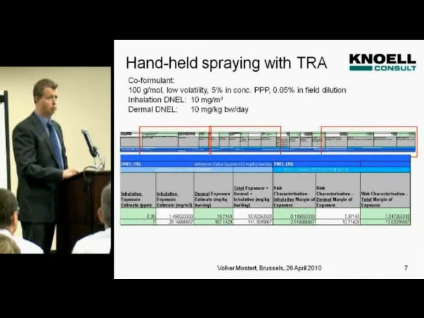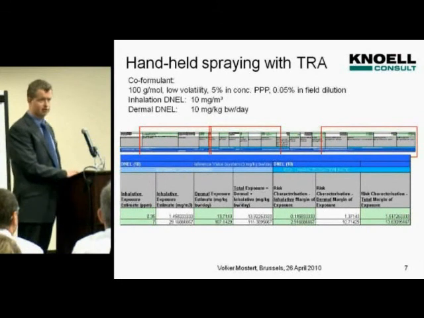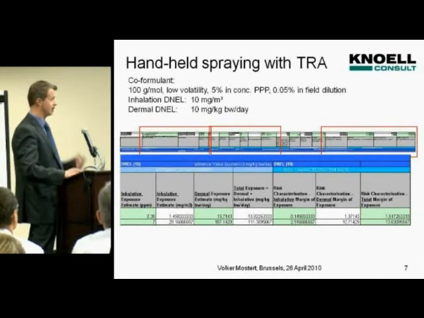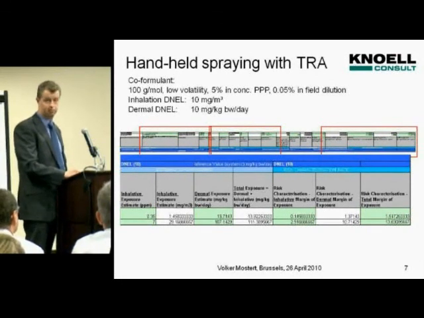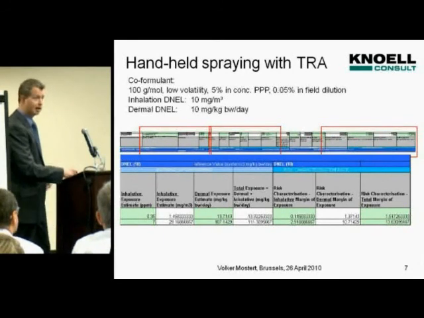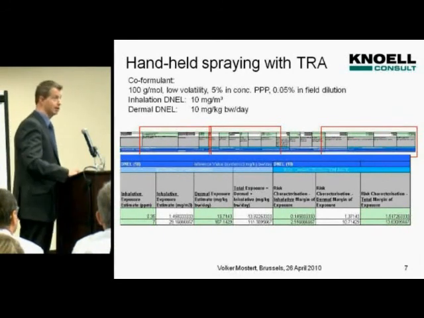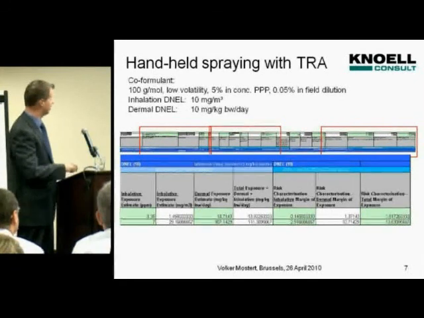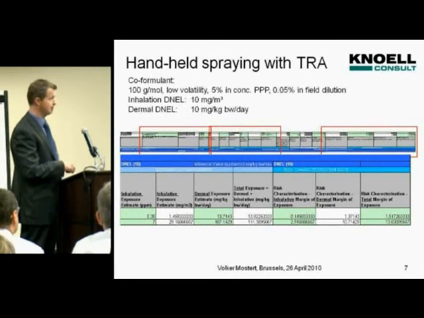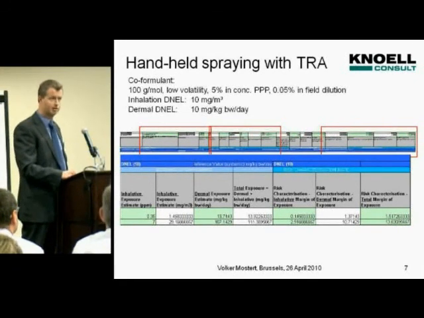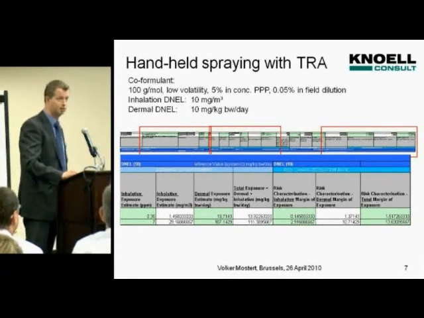I think crop protection people will be puzzled by the use of the term margin of exposure, because normally you would want to have a margin of exposure as large as possible. That's NOEL divided by exposure, that's typically what we call a margin of exposure. And TRA uses this term as a substitute for the risk characterization ratio, which needs to be as small as possible.